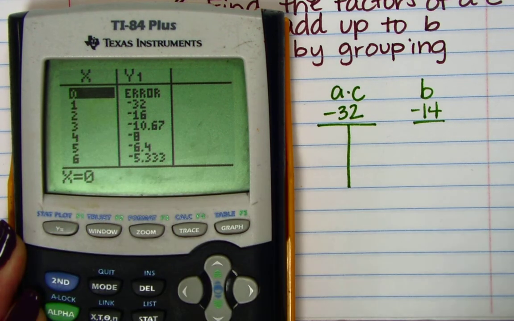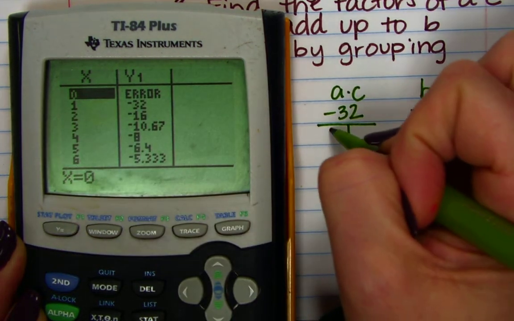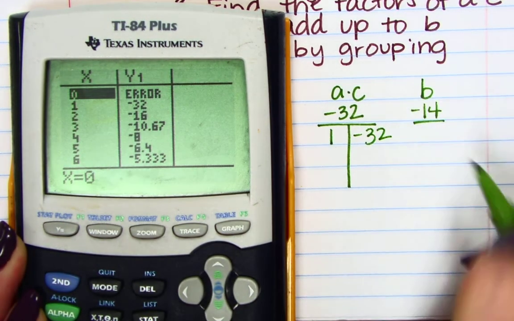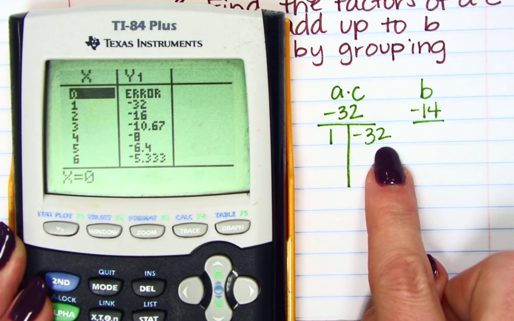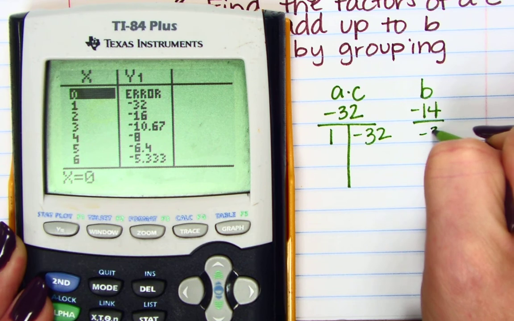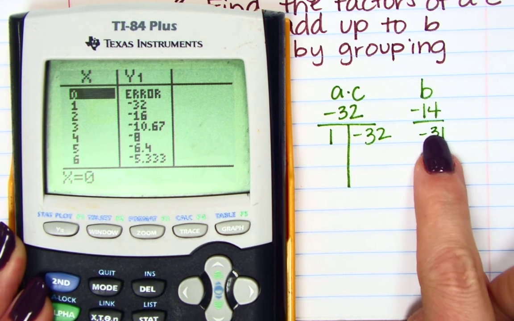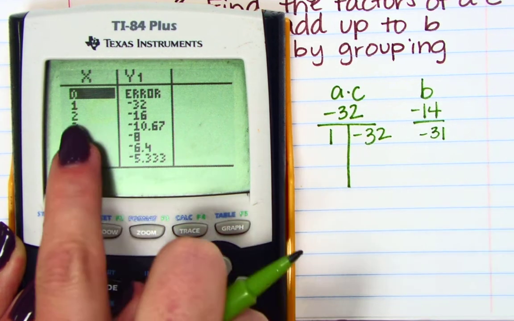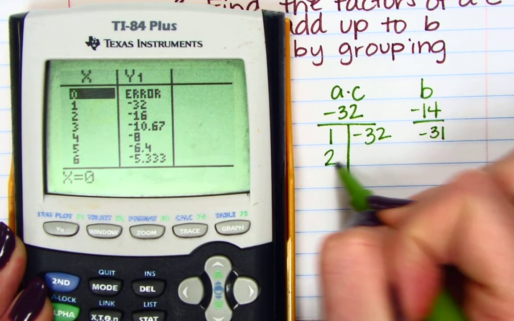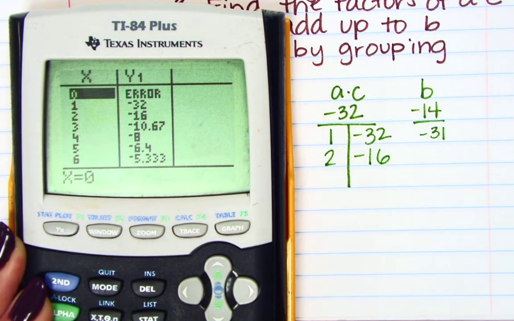Okay, but then I see my first one, 1 and negative 32. Okay, well, if I add those together, 1 plus negative 32, I get negative 31, okay? Not negative 14, which is what I need. So that's not it. Okay, go to the next one. 2 and negative 16.